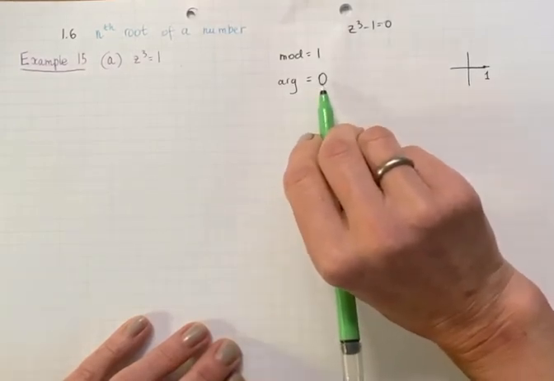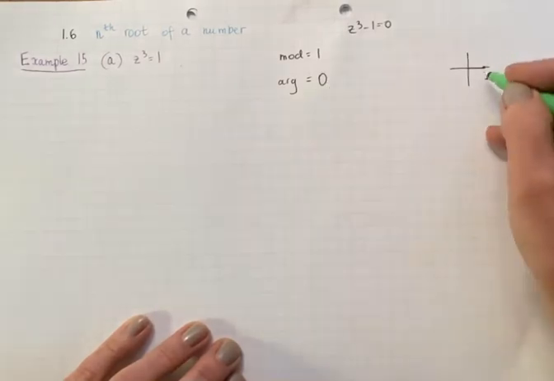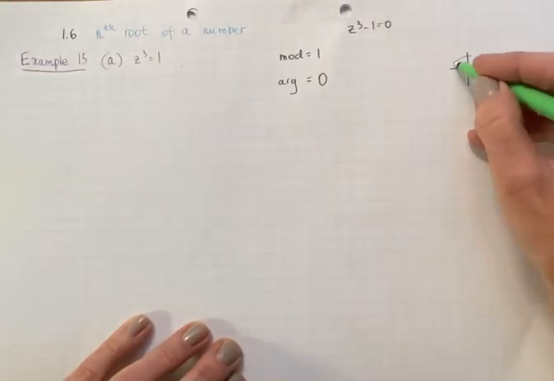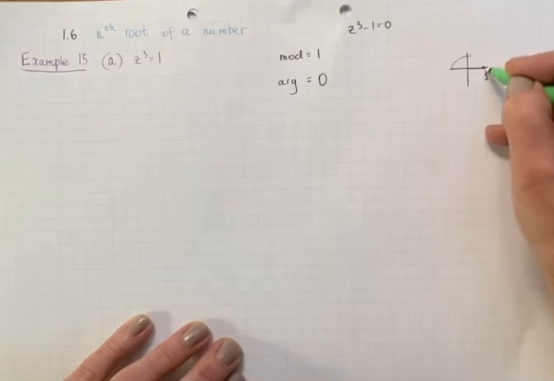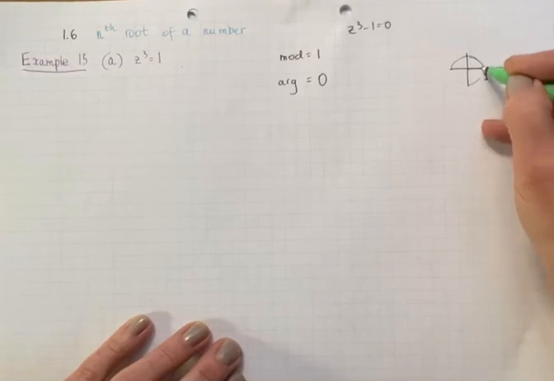Now, here is what you need to do. You need to write the general form of this argument. Any argument that is repeated every 360 degrees will take you back to 1. So you could say argument 0.